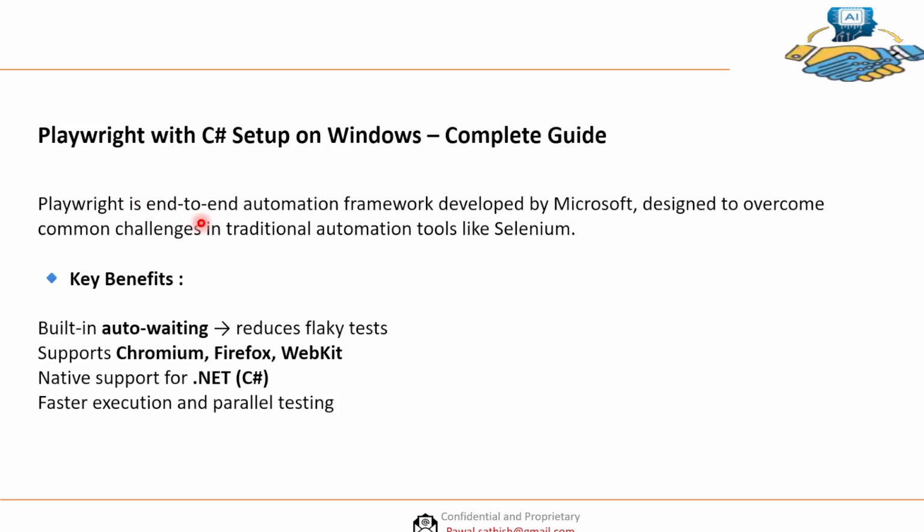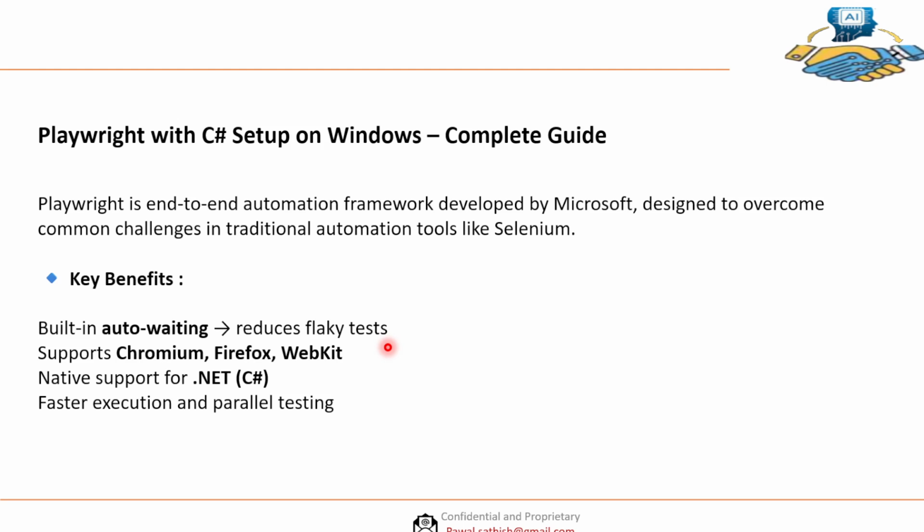Playwright is an end-to-end automation framework developed by Microsoft and designed to overcome the common challenges in traditional automation tools like Selenium. As we discussed in the last session, there are major benefits if we use Playwright. It has auto waiting, so it reduces flaky tests.